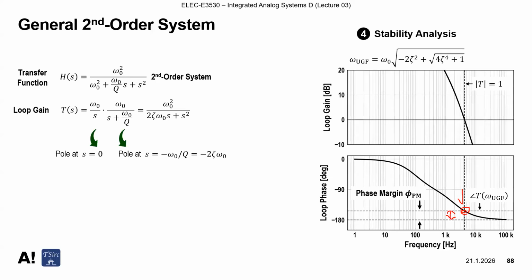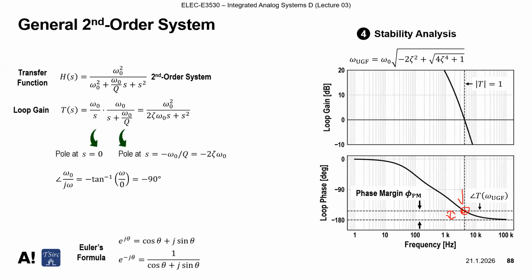So again, we can think about the pole locations: one pole equal to 0, another pole location equal to minus 2 times zeta omega 0. Then by applying Euler's formula, here we have e to the power of j theta equal to cosine theta plus j sine theta. When we take the reciprocal, 1 over x, then it goes to the exponential part right here, e to the power of minus j times theta.